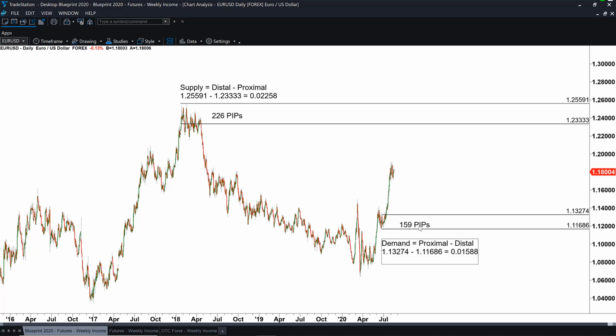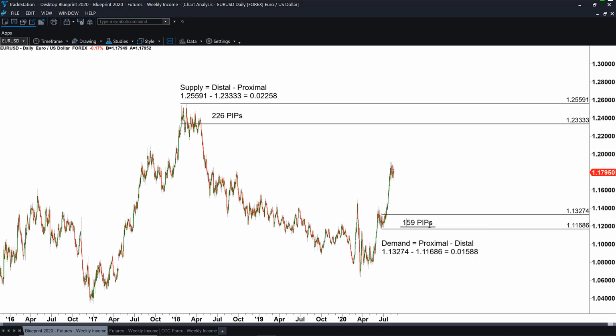We've got this lower zone, 159 pips. And then the next part is gonna be a little bit more difficult, but actually also quite simple. If you're now gonna spin the wheel further and you're gonna say, well, what about lot size and then pip values and how much money could 159 pips be?